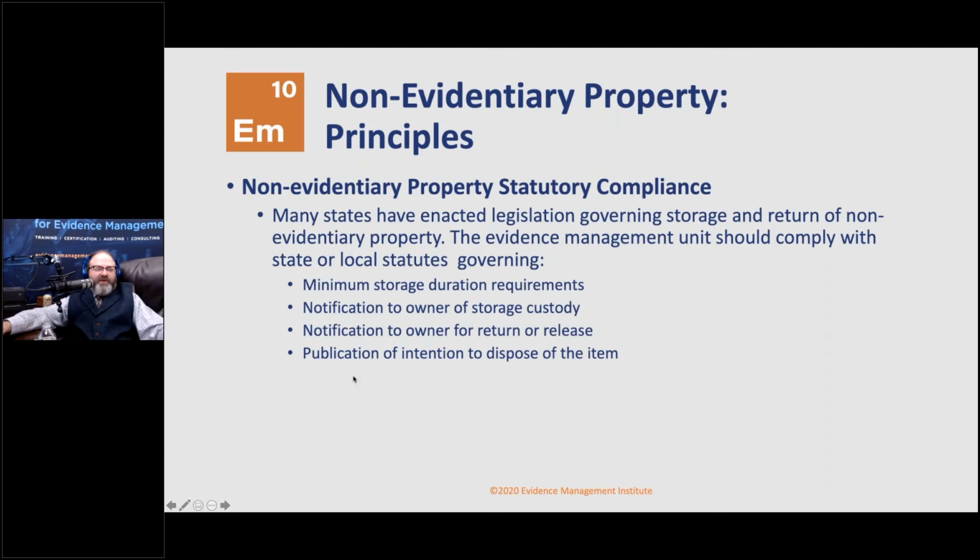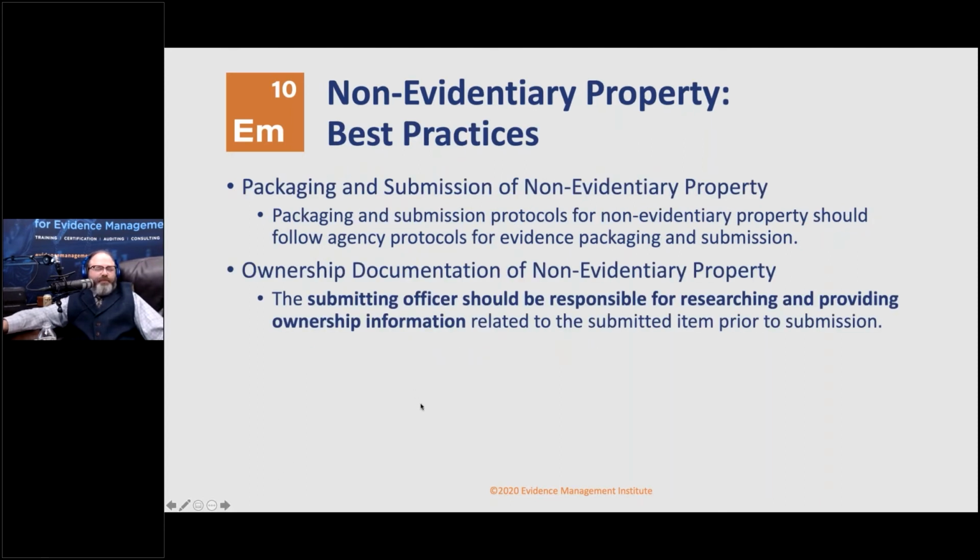But those state laws are going to govern those types of transactions for you, and often not necessarily the way you would want. We require packaging and submission protocols to be equivalent. We expect that people are going to package non-evidentiary property the same way that they're going to package evidentiary property.